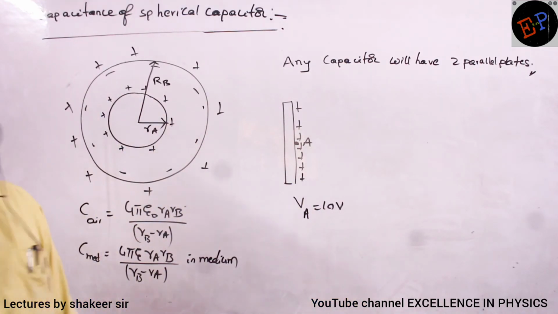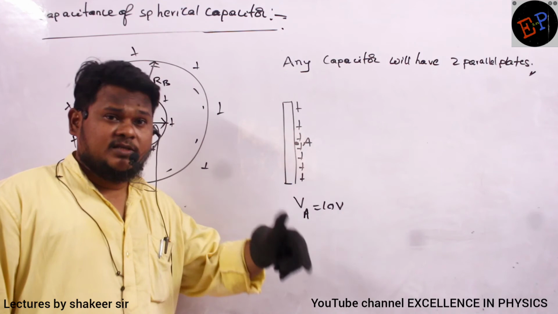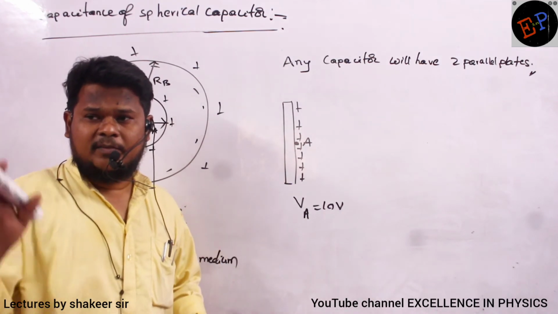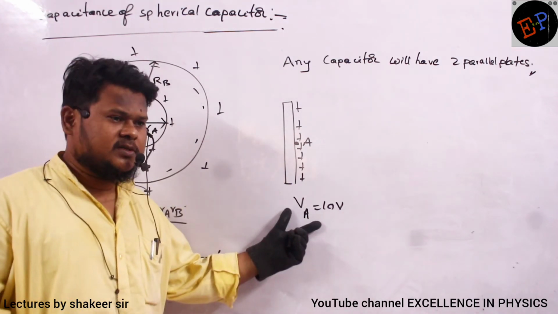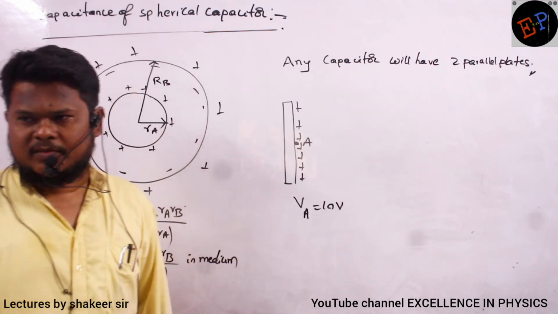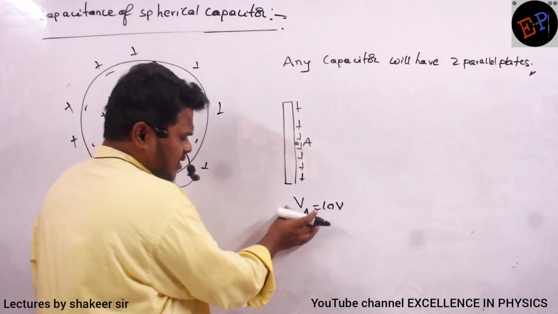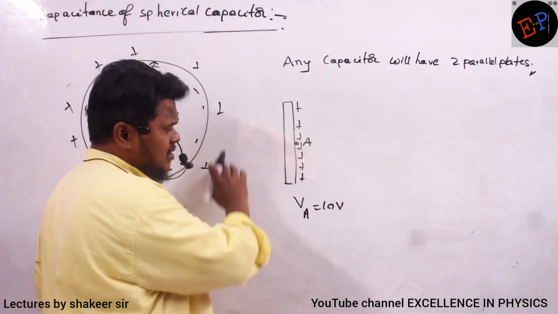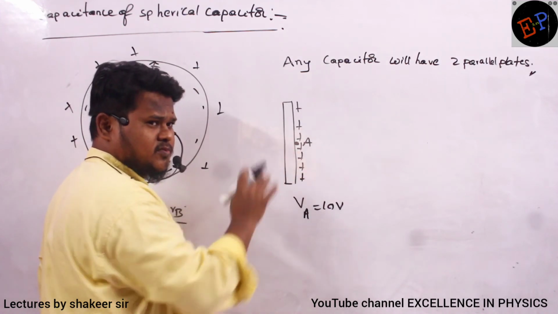Because of this charged plate, on its own surface, the potential is 10 volts, for example.